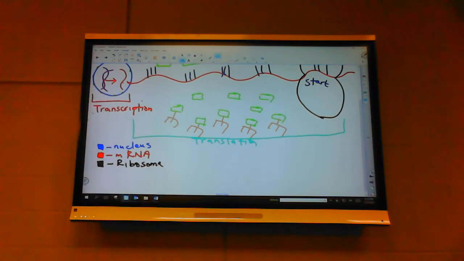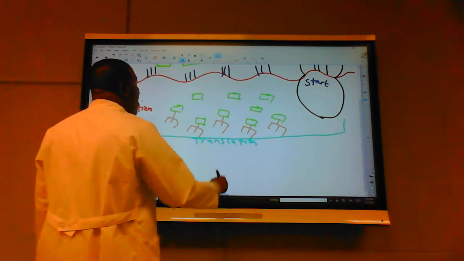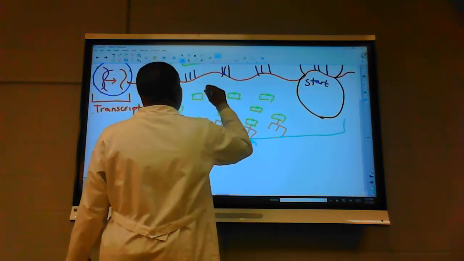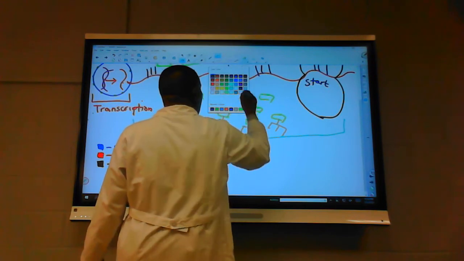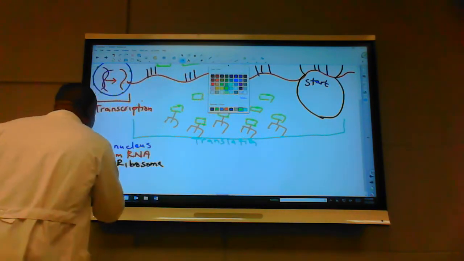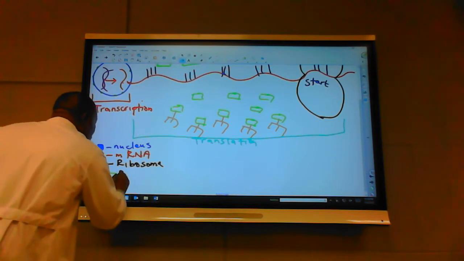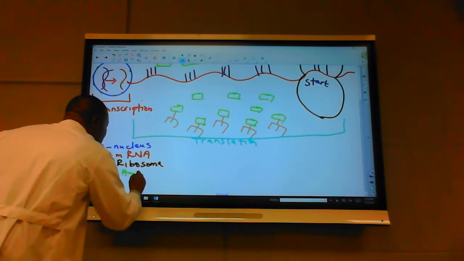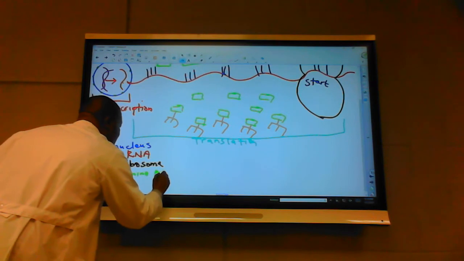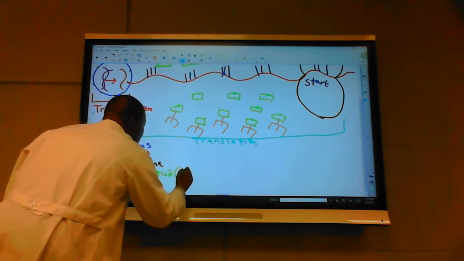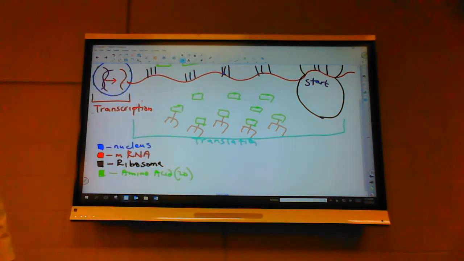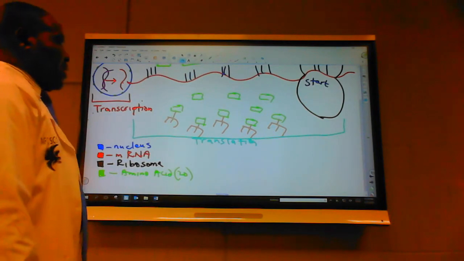Okay, next we have the green. That green is called the amino acid. And like we clarified earlier, there are 20 different amino acids.